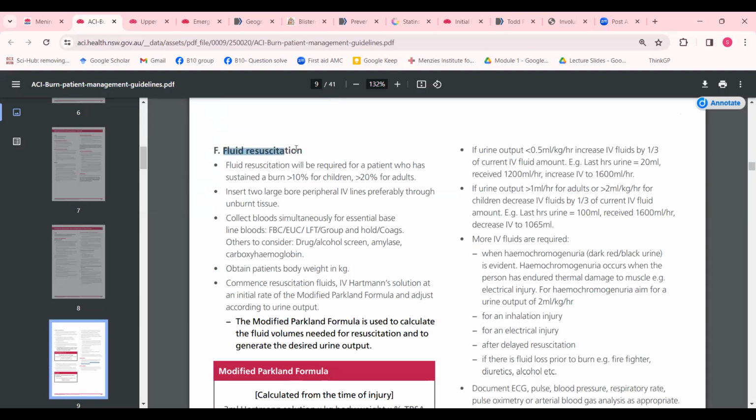Fluid is like the bread and butter, the gold standard, for management of burns. Why? Especially in a person with extensive burns, you should definitely be doing fluid resuscitation to prevent the patient from deteriorating, because that is an important step for initial resuscitation and management.